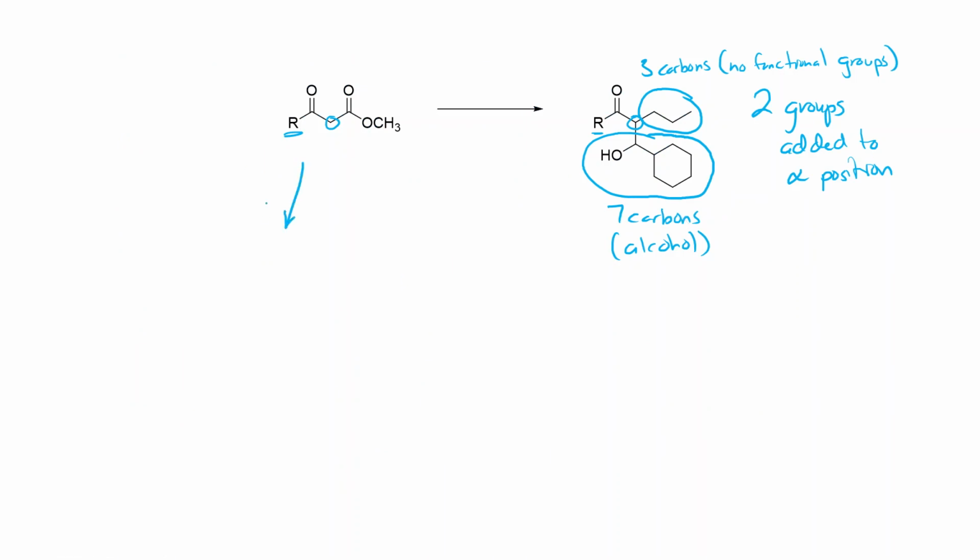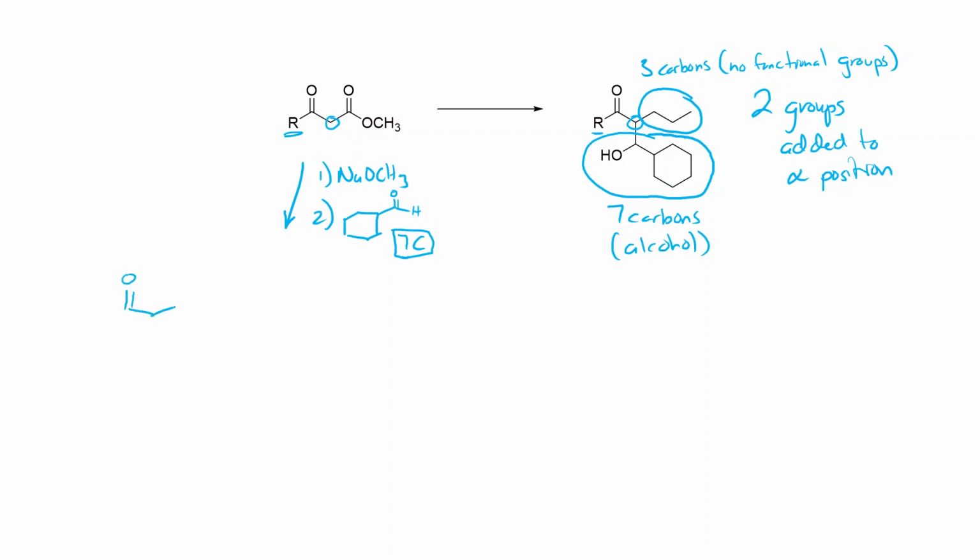Now this is one where it doesn't matter which one you do first. You can either do the SN2 reaction or the aldol reaction. I'm going to do the aldol first. Notice that I have 7 carbons here, right? And I have an aldehyde, so I know that when I make my enolate, that enolate is going to add to the aldehyde, right?